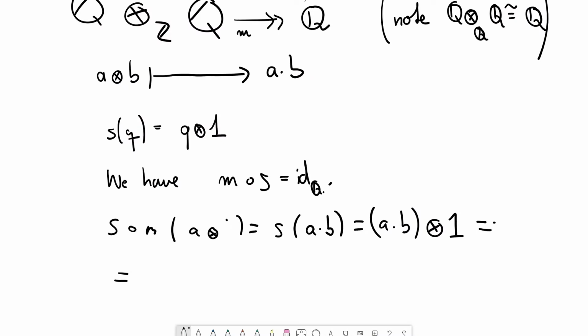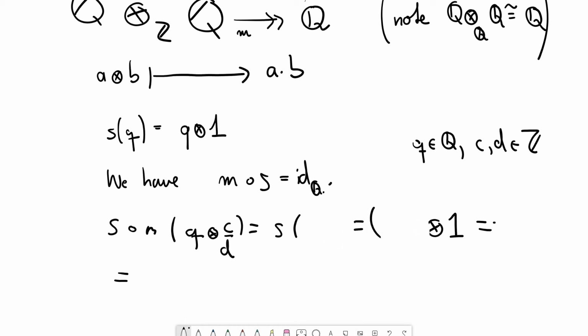Let's just replace this by, this was b, and now instead of b I write c over d, and maybe let's call this q. Okay, so what we have here is q is a rational number, and c and d are integers. I mean, d should not be 0, of course. And then we can keep all that, but then maybe it's easier to argue.